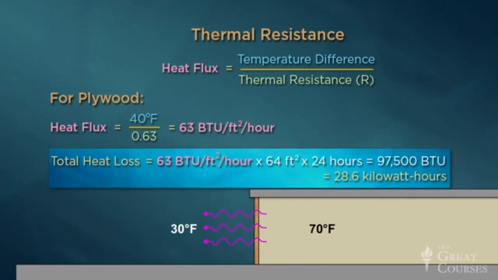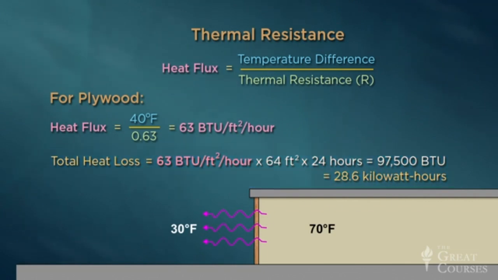And the BTU is a measure of energy, just like a kilowatt hour. And using the standard conversion factor, 97,500 BTUs are equivalent to 28.6 kilowatt hours. At current residential electricity prices, that's about $3.50 in energy lost through our plywood wall in a single day.